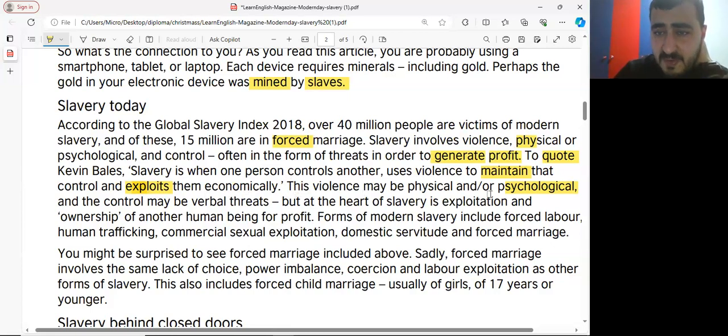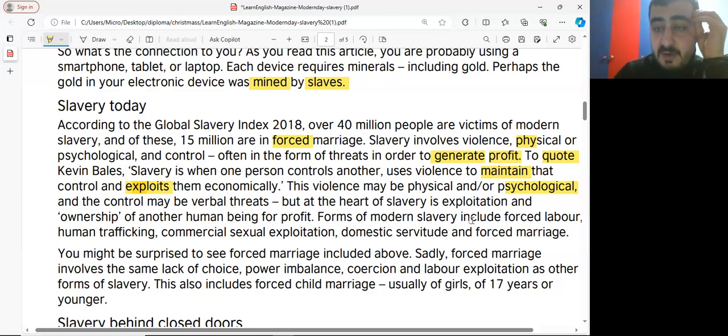This violence may be physical or psychological and the control may be verbal threats. ممكن يكون تهديد شفوي. But at the heart of slavery is exploitation الاستغلال. Okay, exploitation and ownership of another human being for profit.